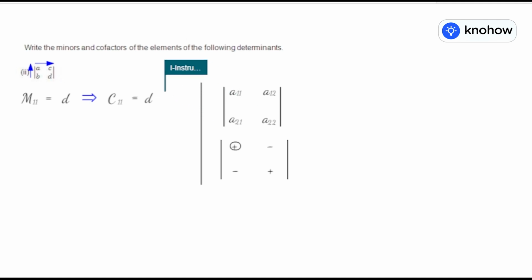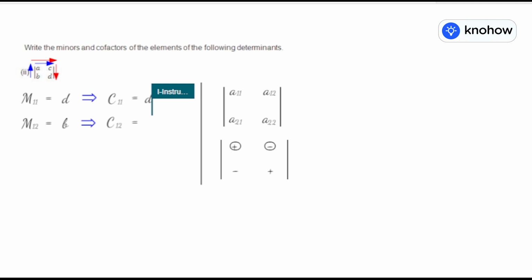Then what is the next element of row 1? M12, that is for C. You delete the row and column through C, the opposite element is B. And what about the cofactor C12 for C? It is the opposite element, the minor B, but what about the sign here?